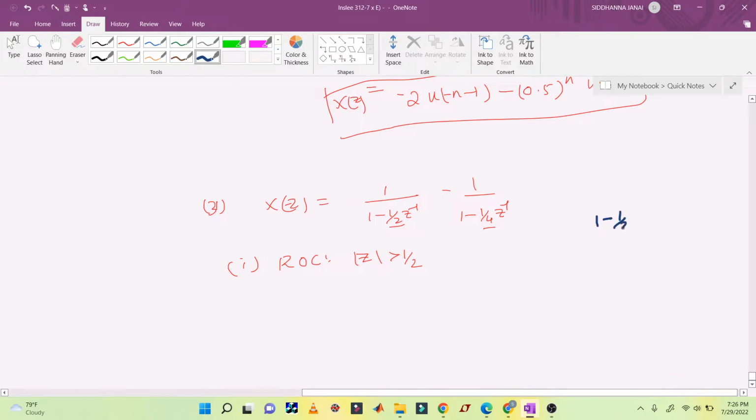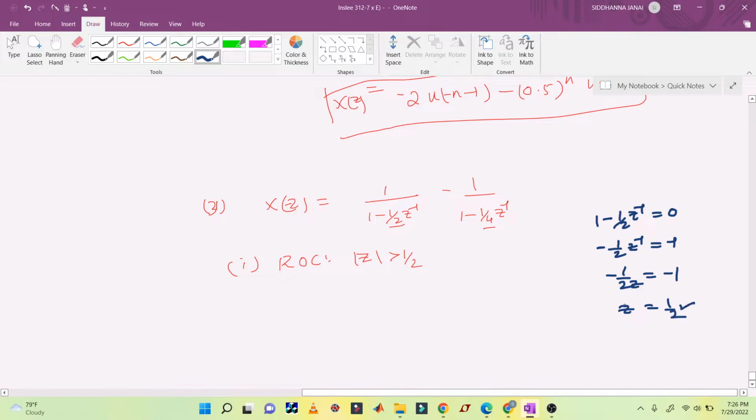Setting 1 minus 1 by 2 z inverse equal to 0, what will you get? 1 by 2 z inverse is equal to 1, so z is equal to 1 by 2.